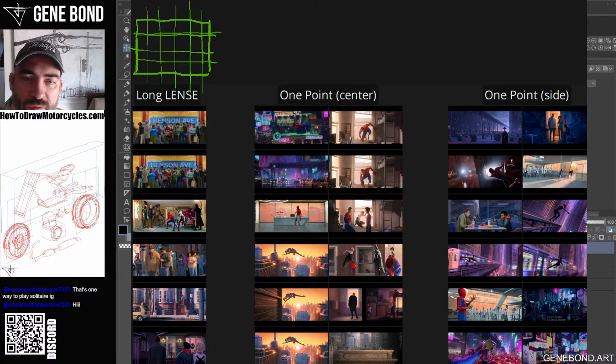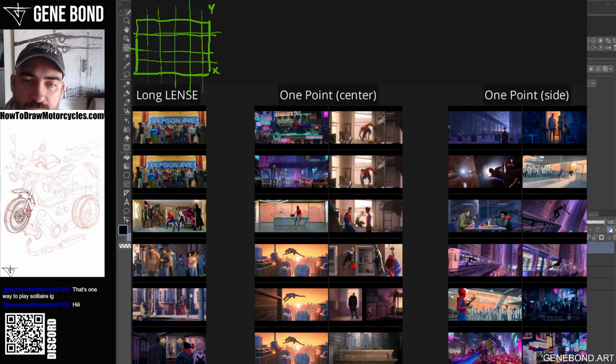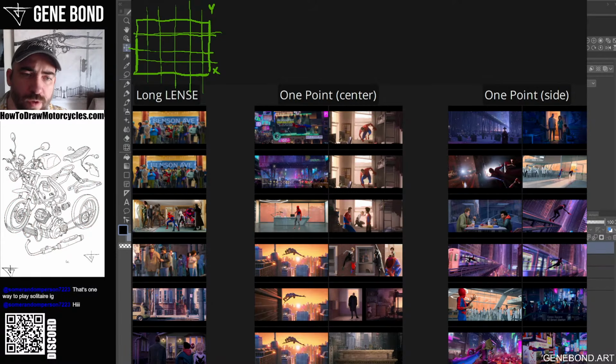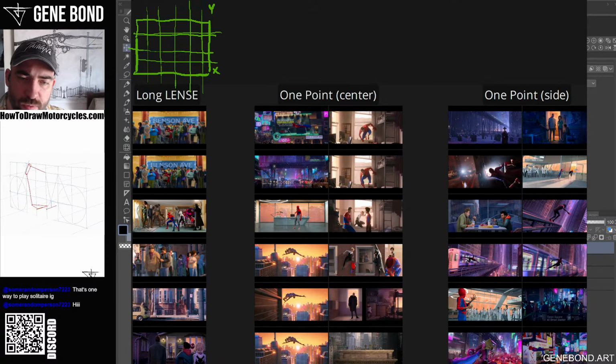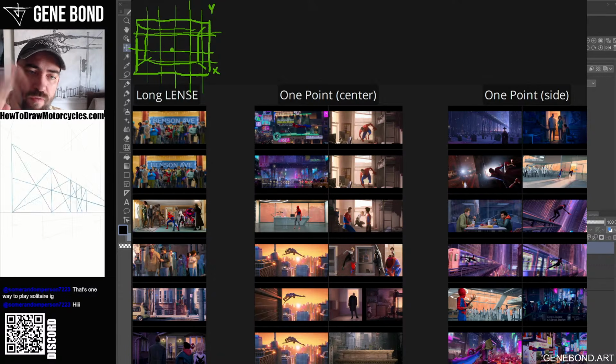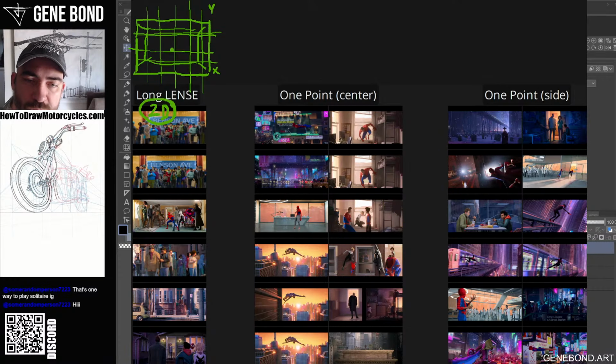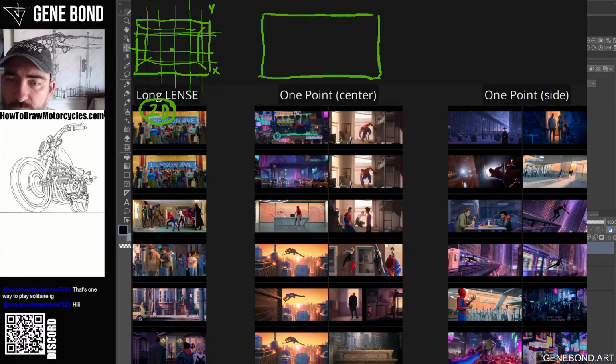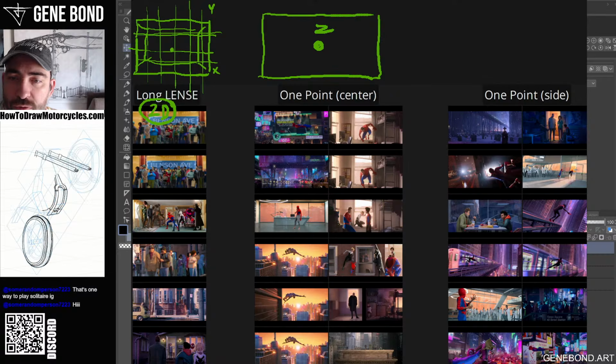So here long lens is just like you imagine y and x axis, and the vanishing point almost doesn't play any role. So even when we have this, it's just a variation. Maybe there's a vanishing point, but the space itself is not very deep, just a small room or something. It's mostly about just y and x. Let's call it two-dimensional. One point in the center, it's like Stanley Kubrick. So it's really the z vanishing point in the center.